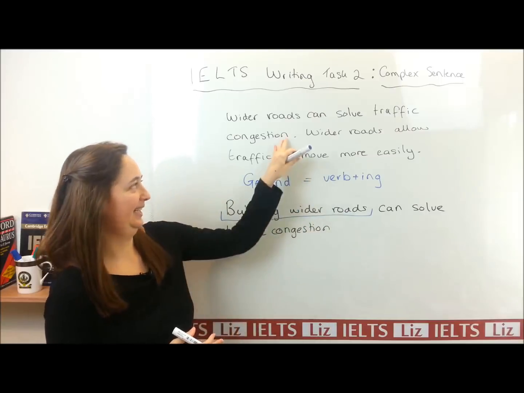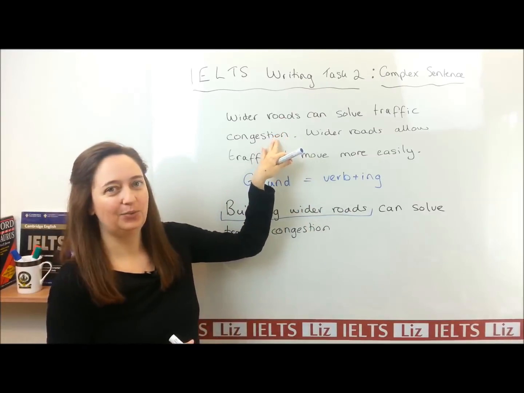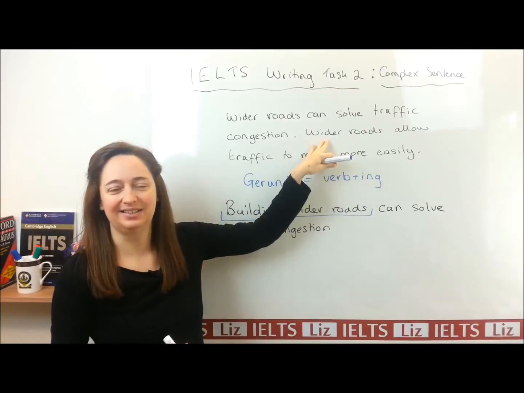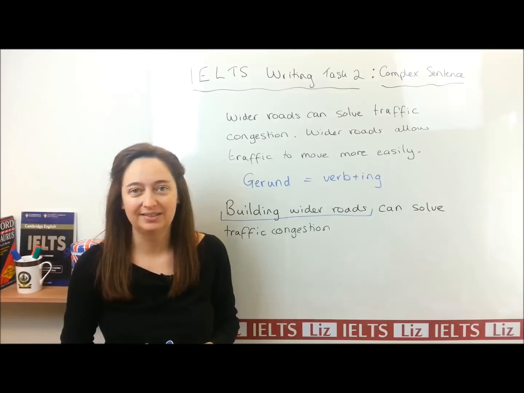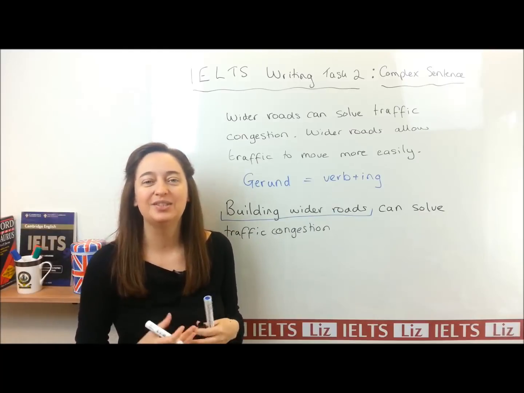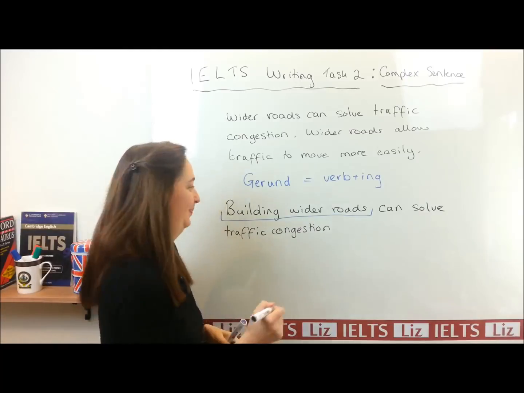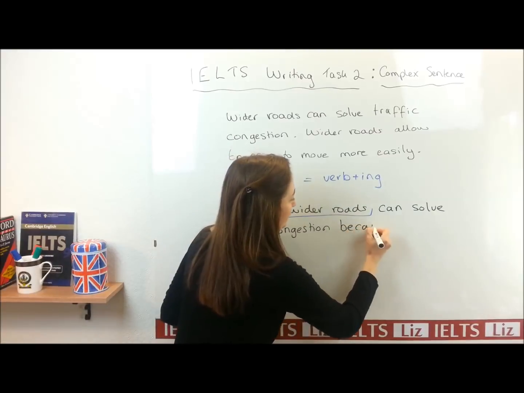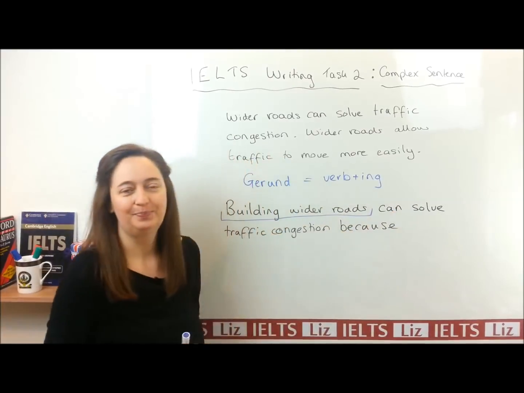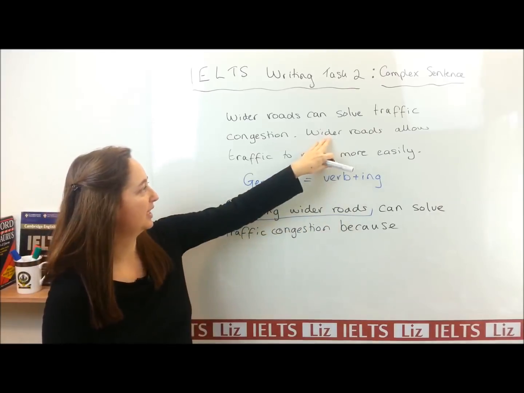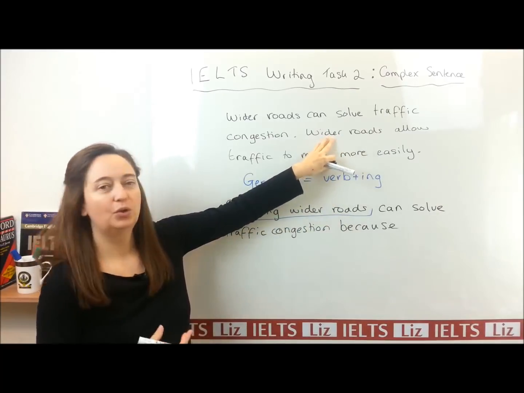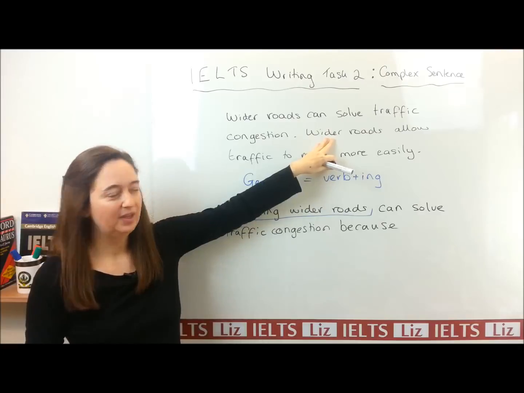Now, we need to link the first sentence with the second sentence. The second sentence is a reason for that. So the linker we can use is because. Because. After the linker, we need another subject. And we don't want to repeat that.